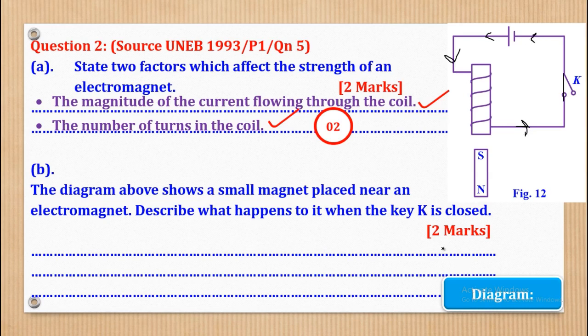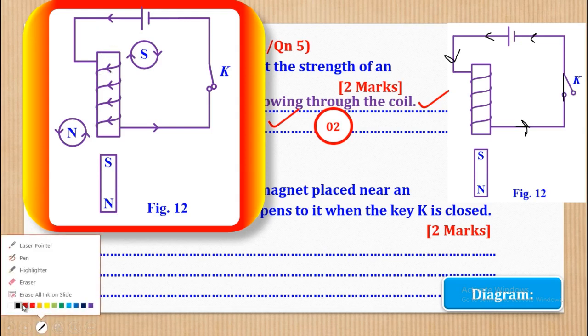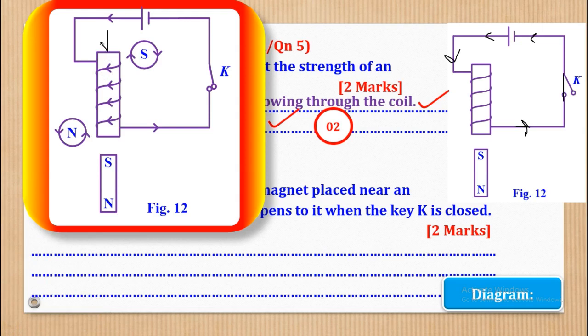So when you do that, you realize that when you test polarity, if you look through this side, the direction of the current will be in a clockwise direction, meaning this is the south pole, and when you look through this side, you realize that the direction of the current will be in an anti-clockwise direction, meaning this is the north and this is the south.